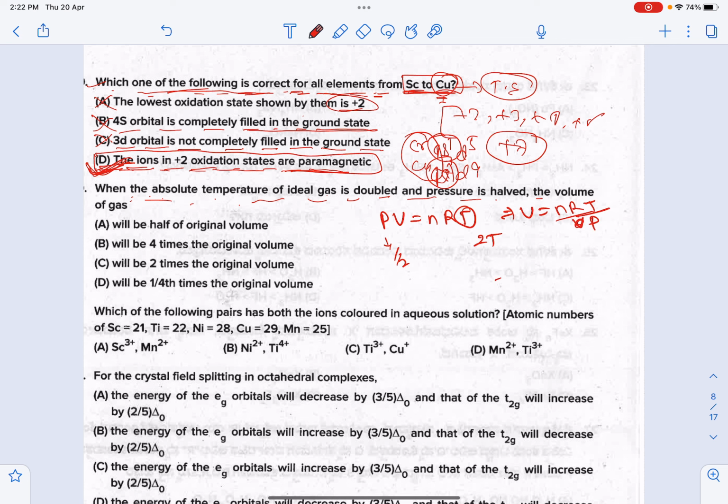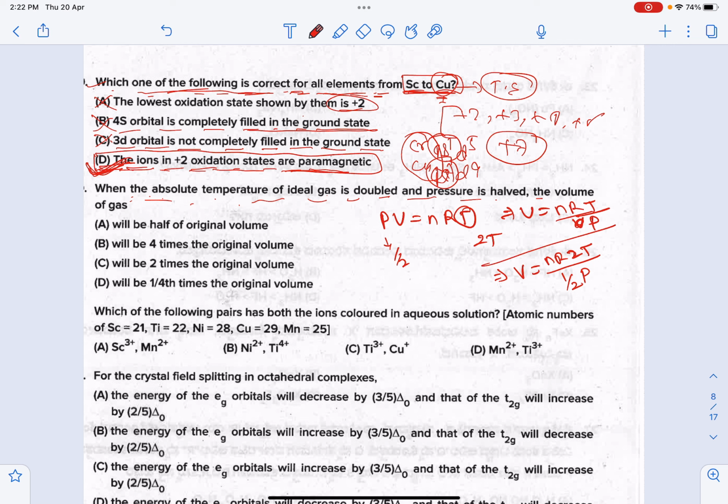Now nR is the same, and the temperature is doubled. If temperature becomes 2T and pressure becomes 1/2 P, then what will be the effect on the volume of the gas? Just equalize them or just divide them.